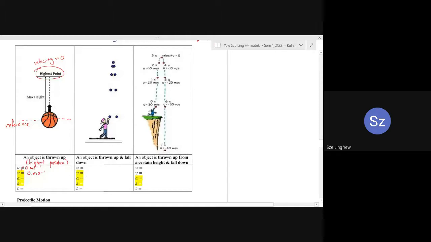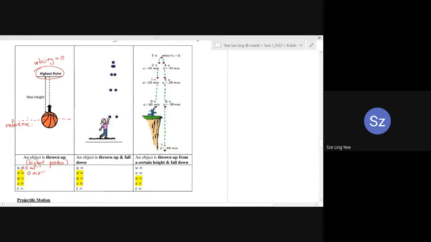So u is not 0, it's a positive u. But v, when it reaches the highest point, it stops for a moment before it drops. Therefore, we say v equals 0.